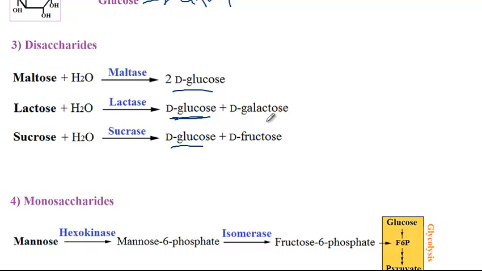And then the other sugars, like galactose and fructose, via a series of reactions, these molecules can also enter the glycolysis pathway. So let's cover them.